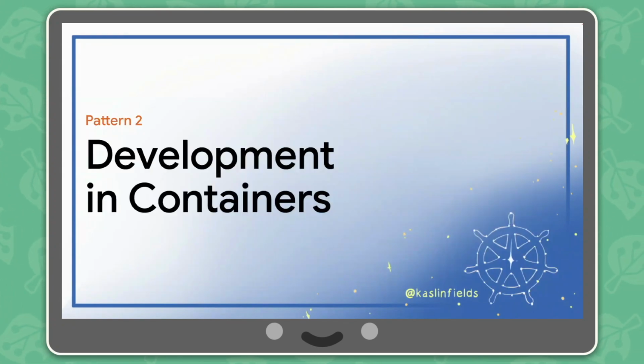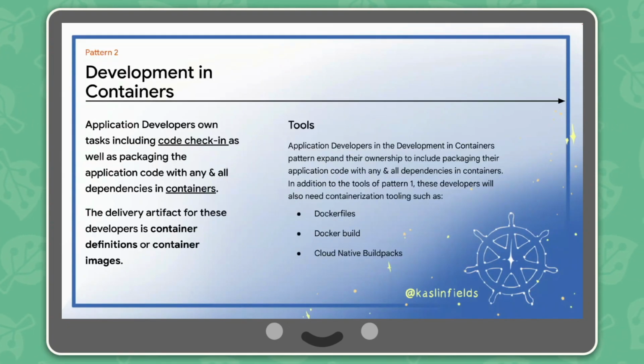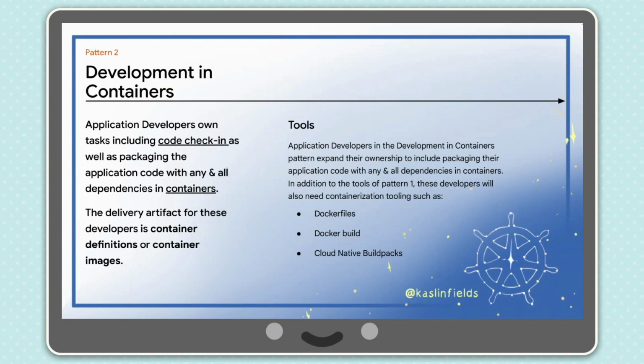So that brings us to pattern 2, development in containers. In the development in containers pattern, application developers take on the additional responsibility of packaging their application code along with any and all dependencies into containers. The delivery artifact of your app dev teams shifts from source code to container images or definitions.